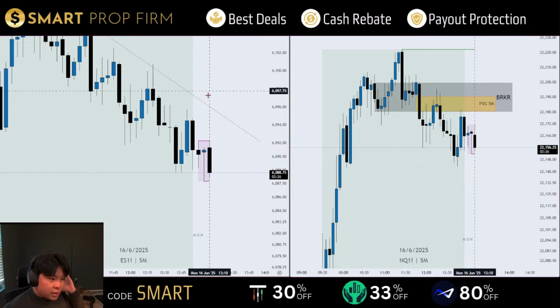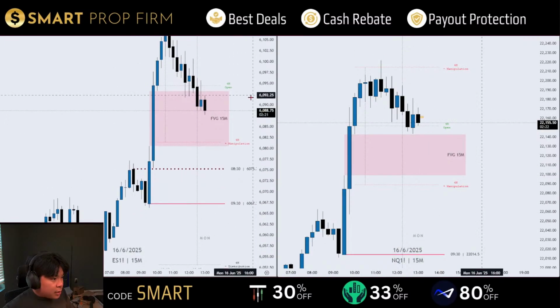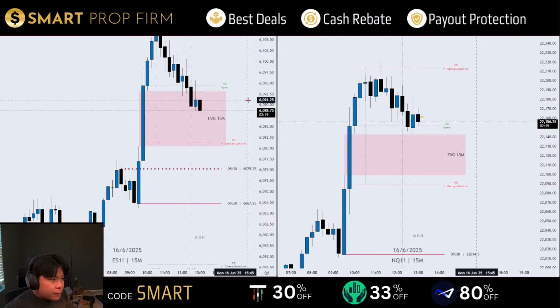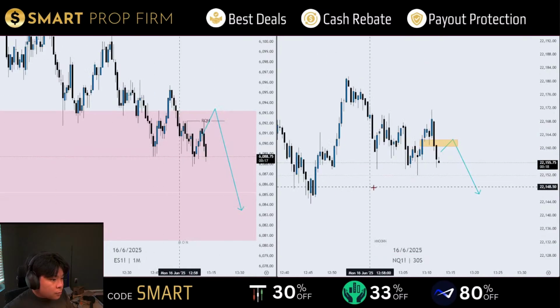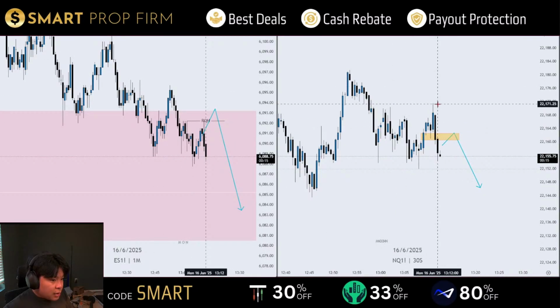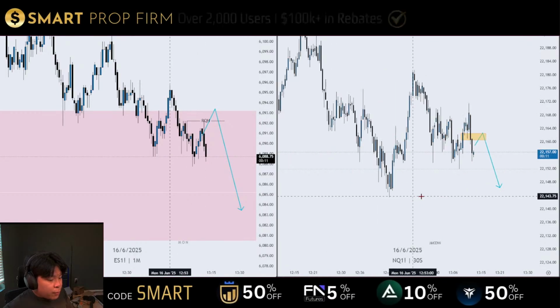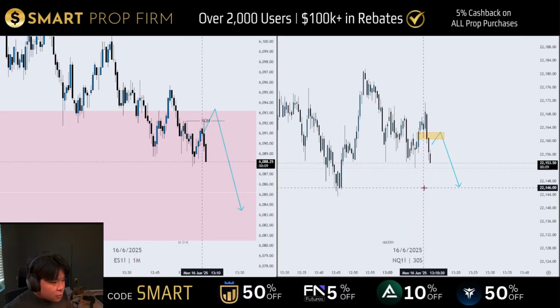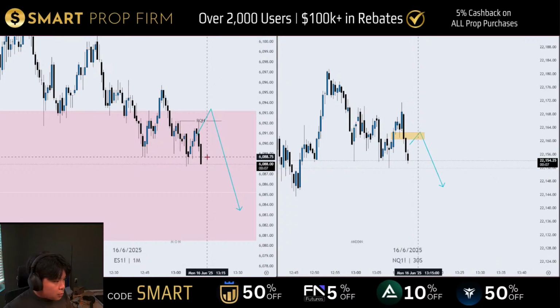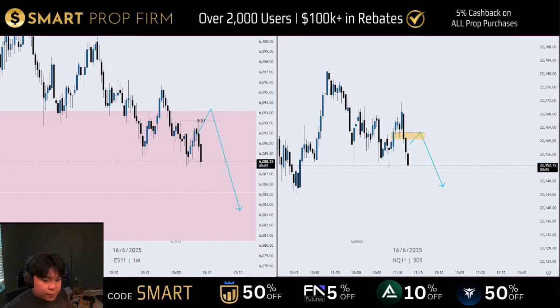I like shorts on ES more though, but it looks like it could just flip down any second now. I mean, if we do play this, it's like a 10-point stop. You're going for a break of these lows, basically. So I'll drop from here.